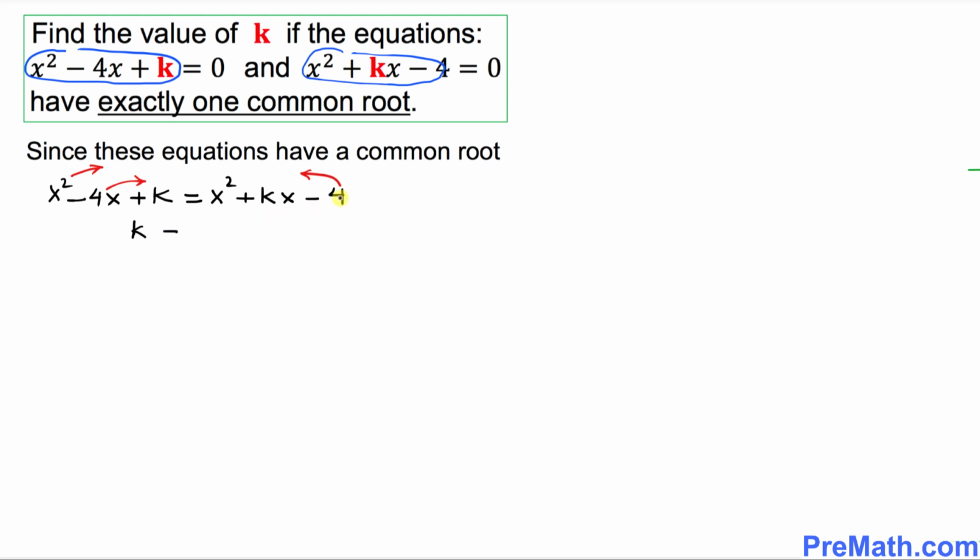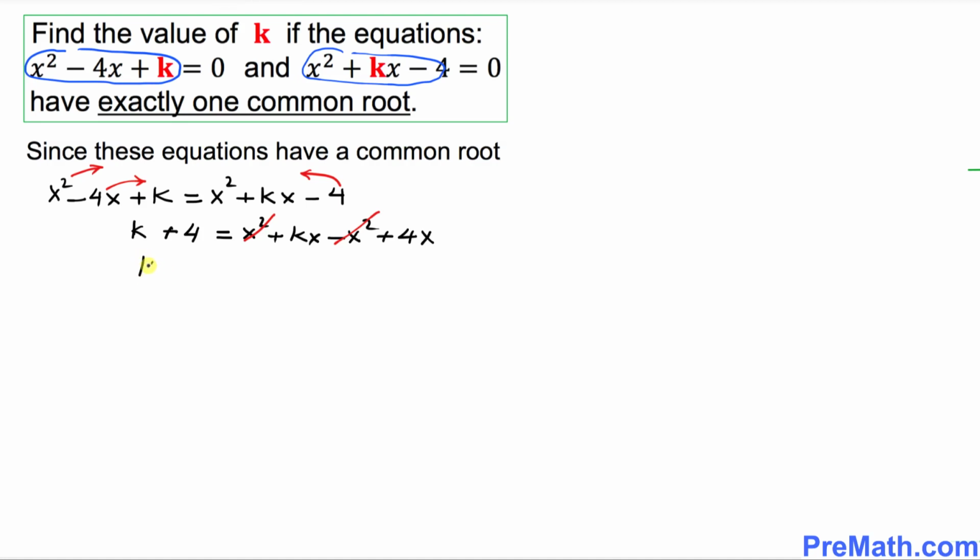Now this negative 4, when you move it to the other side, becomes positive 4, equals x square plus kx, and moving this negative x square and negative 4x becomes negative x square and positive 4x.